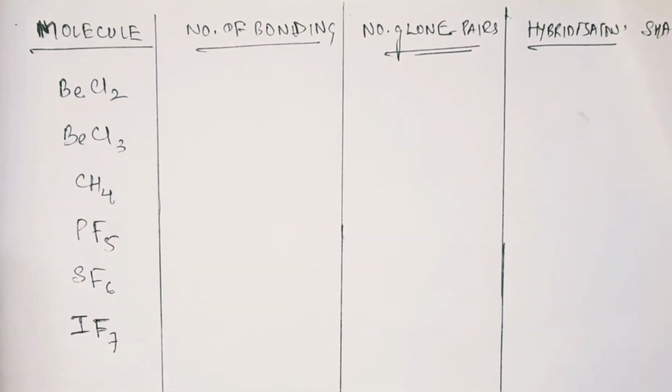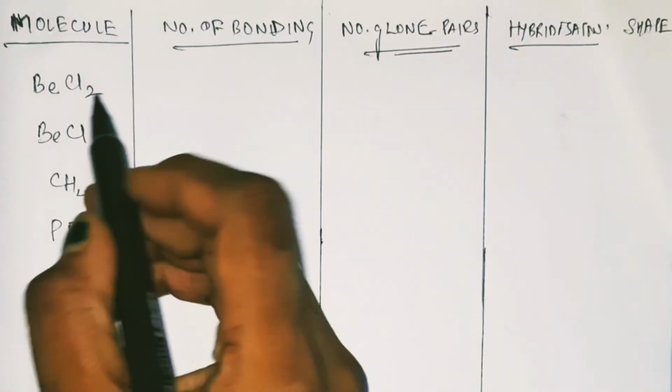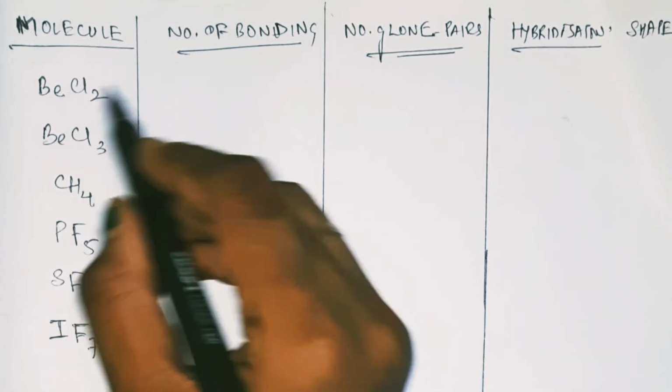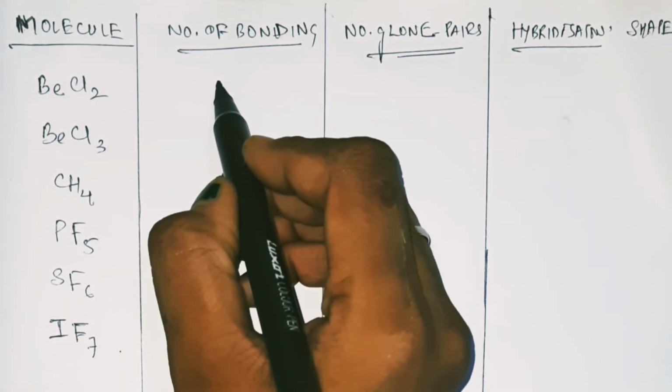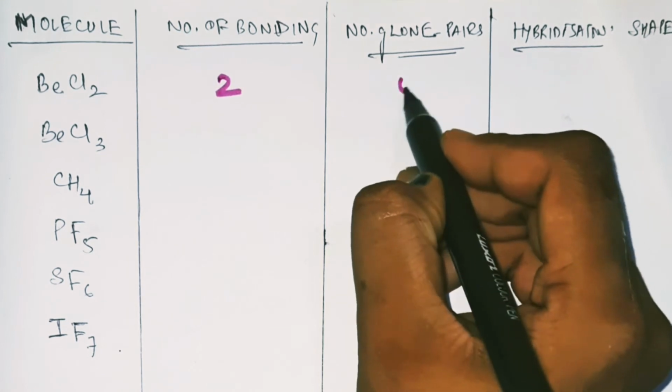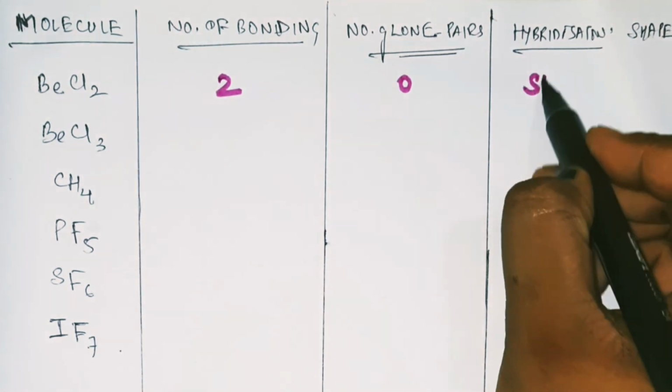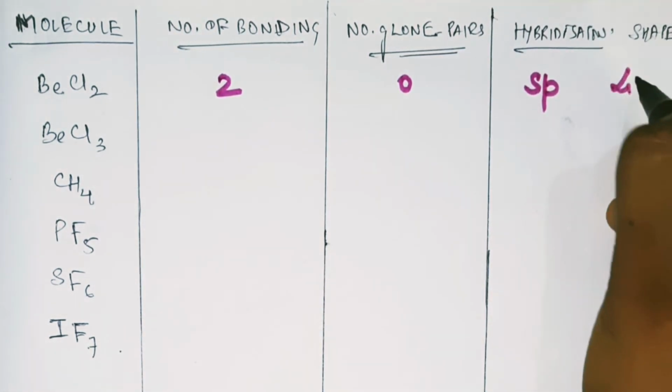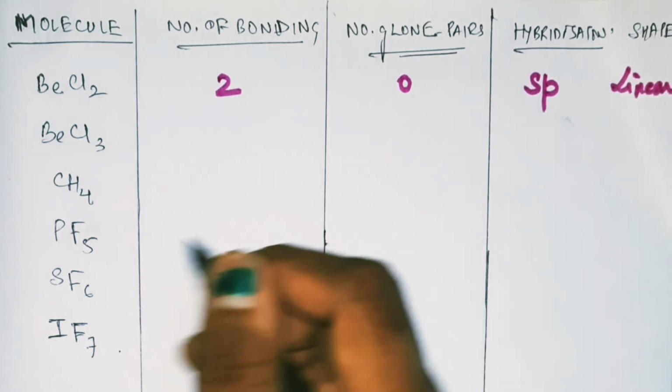Now let's summarize everything we have learned. For this BeCl2, the number of bonds is 2, lone pair 0, hybridization sp, shape linear.